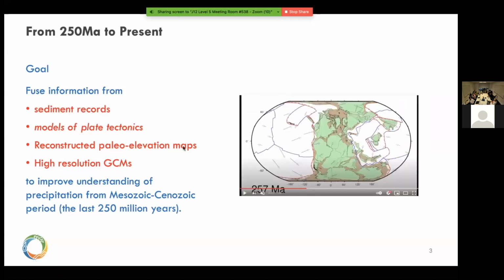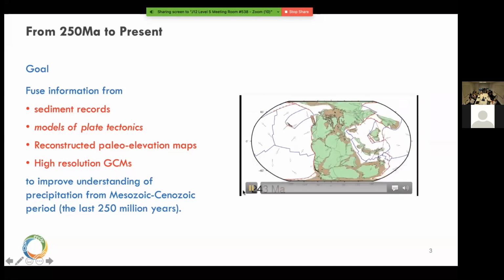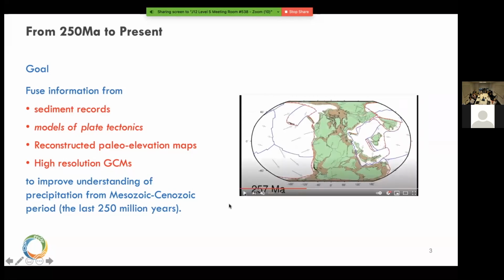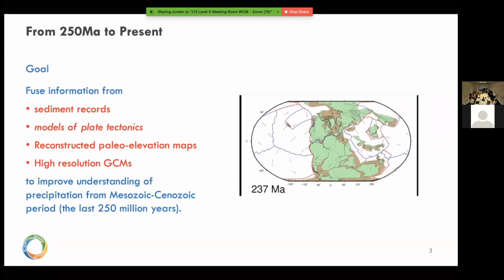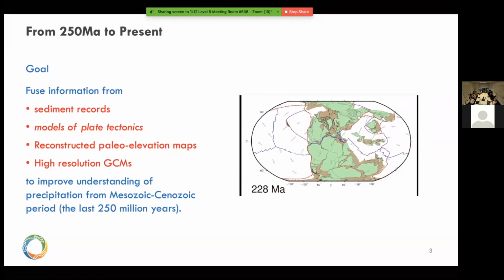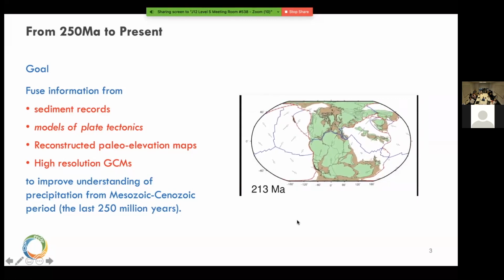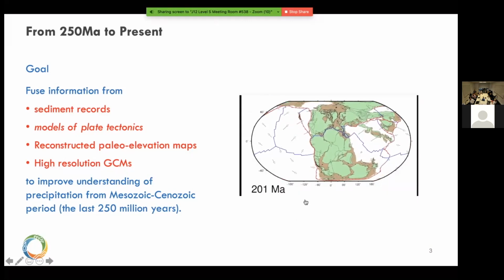The second piece of information is the plate tectonics, and I want to thank the Earthbyte group, of which Rohit is a member, which is run basically by Dietmar Müller. Here you see this big mass. I'm not an expert on plate tectonics, but I believe this is Pangea.